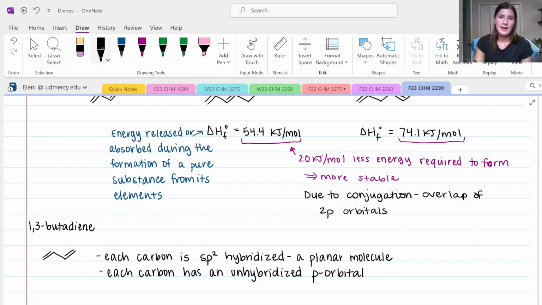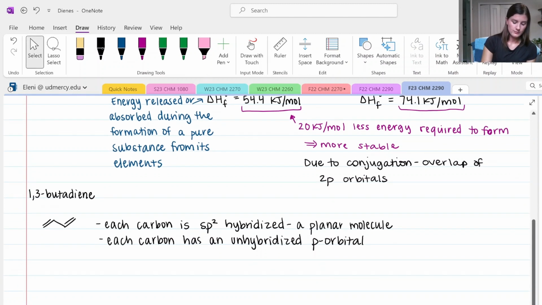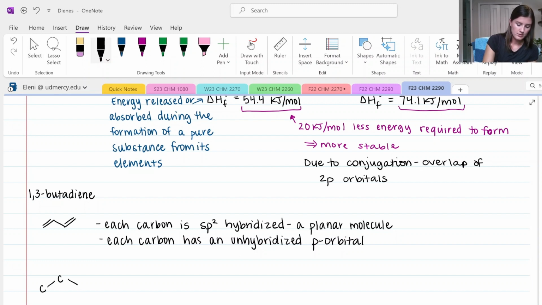So let's draw out, we're still drawing 1,3-butadiene, but with some different detail. So let's draw the 4 carbons and just the single bonds right now. So all 4 carbons, there are single bonds between the carbons, sigma bonds, and then the carbons on the end are bonded to 2 other hydrogens.